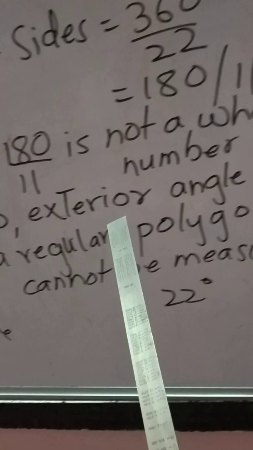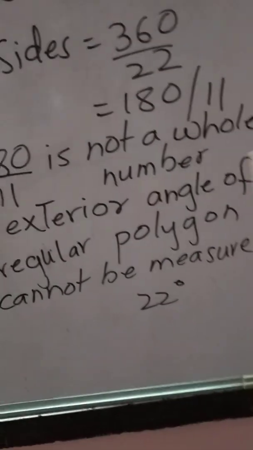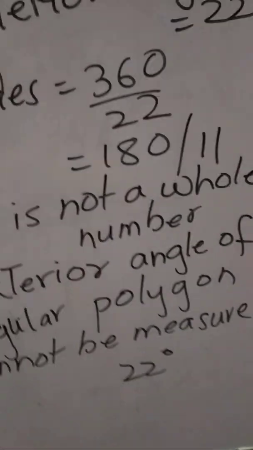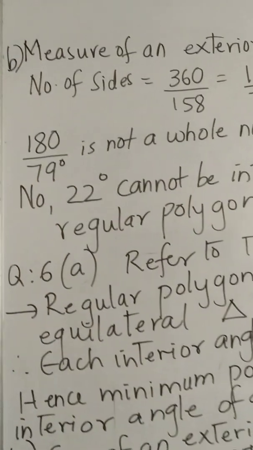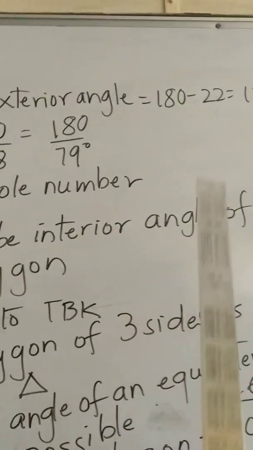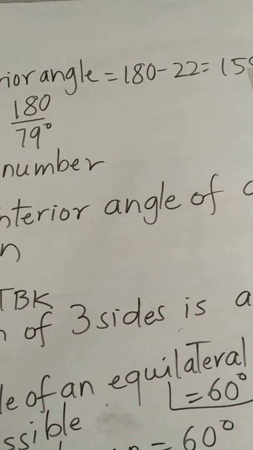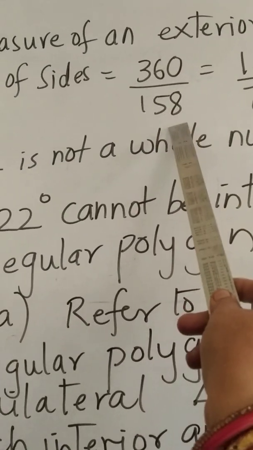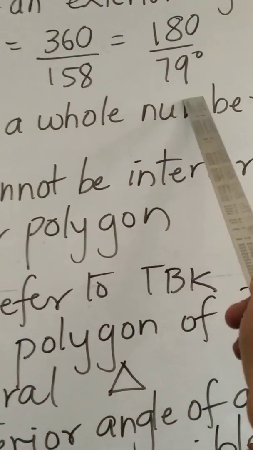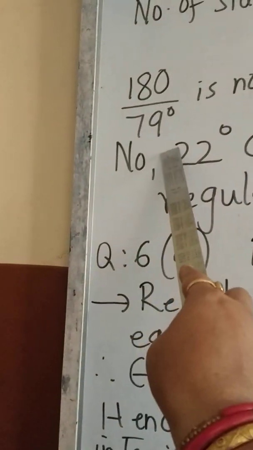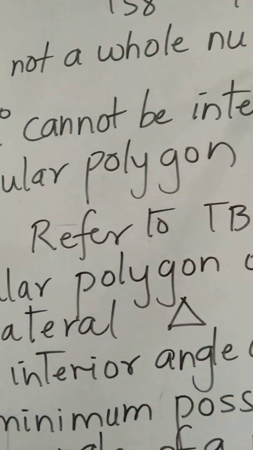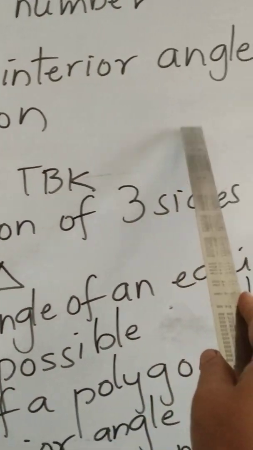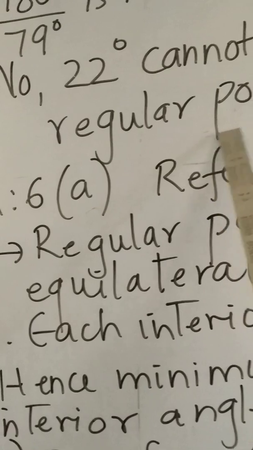So the exterior angle of a regular polygon cannot be 22 degrees. B. The measure of an exterior angle is 180 minus 22 is equal to 158 degrees. So the number of sides will be 360 upon 158 is equal to 180 upon 79. Now you see again 180 upon 79 is not a whole number. So we say no, 22 degrees cannot be the interior angle of a regular polygon.